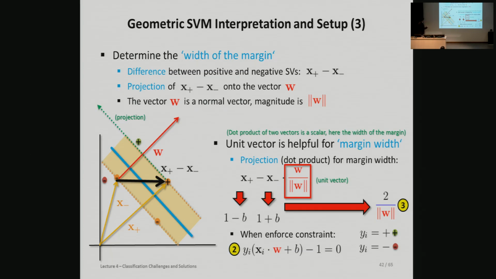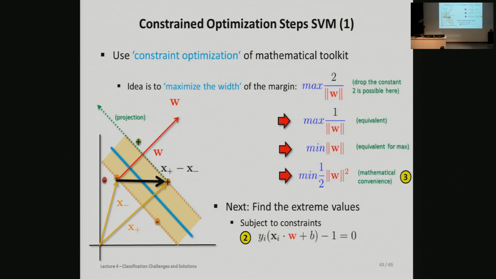And then for mathematical convenience, as I said, we put here 2 because we want to find the maximum. However, if you know a little bit about mathematics, it's now getting to some optimization courses perhaps, a maximum is always hard. Much easier is to find a minimum, right? So what we do here is basically saying that we want to maximize the margin, and can transform that the other way around.